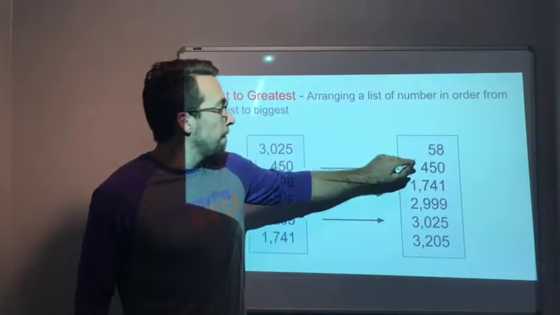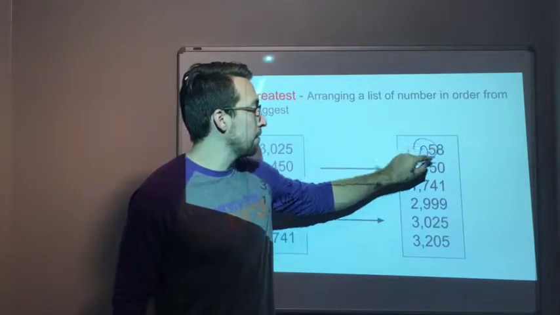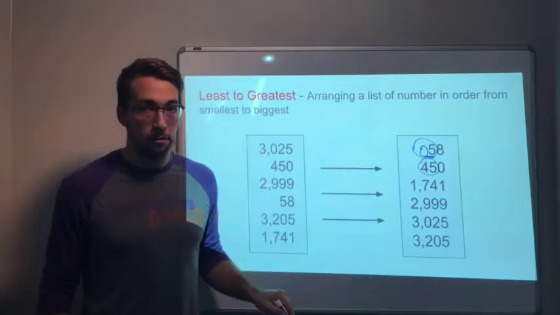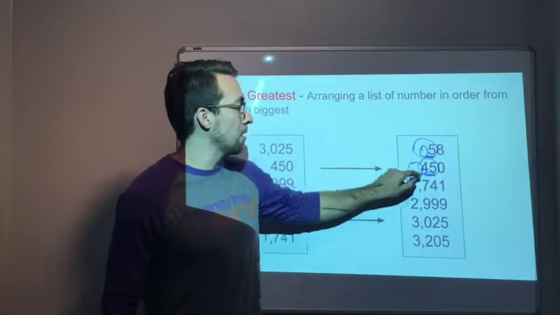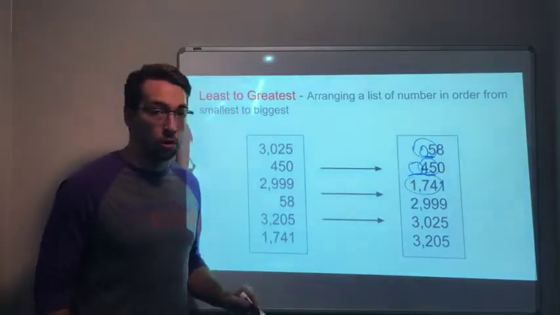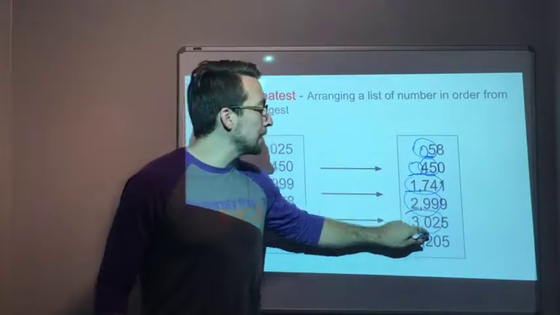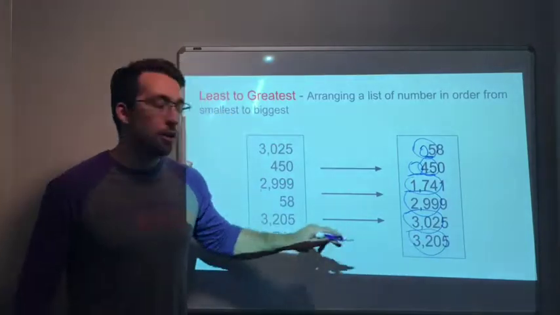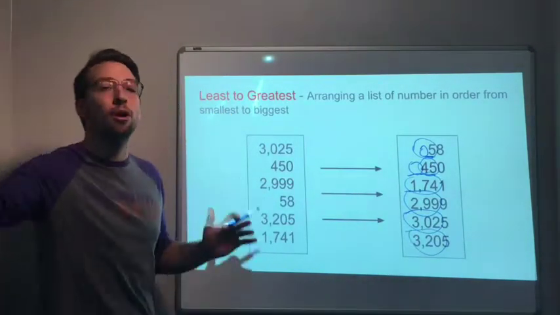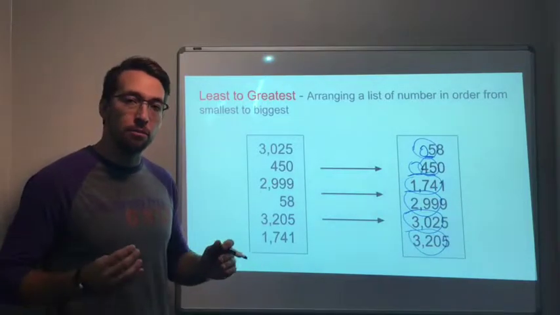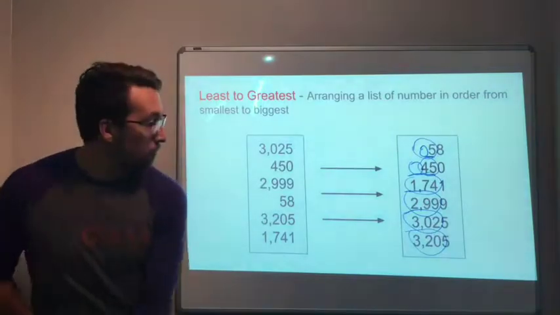Notice, 5, if we add a 0 here, is less than 45. 45, if we add a 0 here, is less than 174. 174 is less than 299, less than 302, less than 320. You don't have to look at the entire number necessarily when you're comparing numbers. You start on the left-hand side, and then you compare from there.